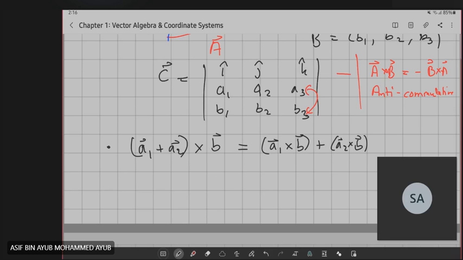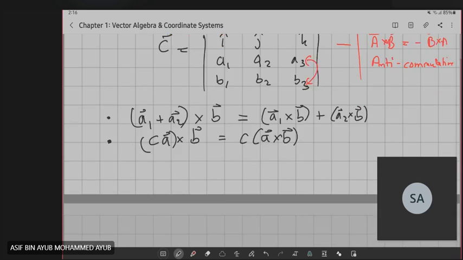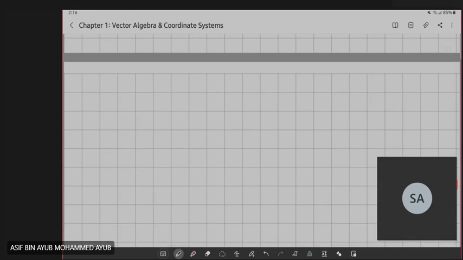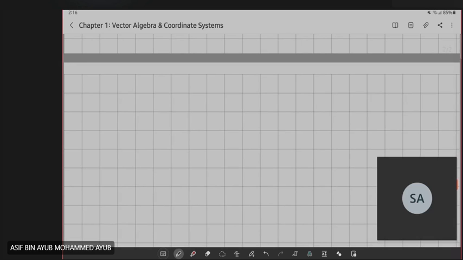So this is what we call the distributive property. And of course, it's a linear operation, the cross product. So if you increase the length of a by some constant c, and you cross it with b, the length of the cross product also increases with c. Yeah, these are trivial properties. And now we move on to the dot product.